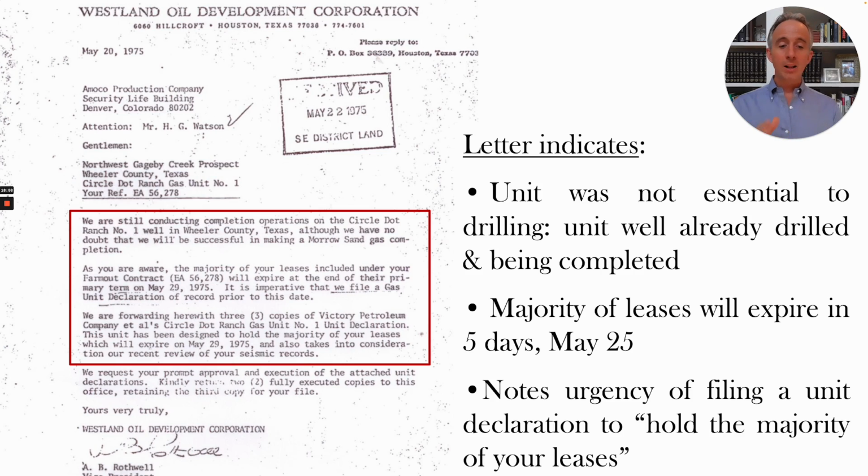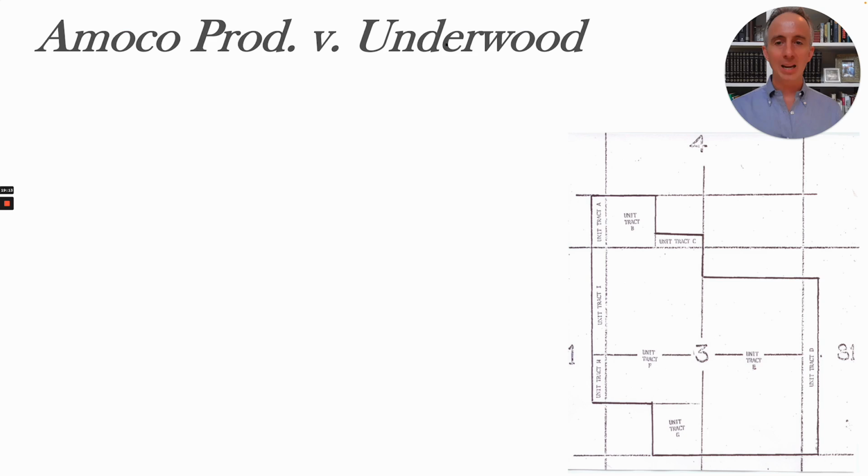And three, the purpose that it explains for the necessity of pooling a unit together is to hold the majority of your leases. So this seems to be a case where there's a lot of example of potential bad faith, and we'll see more of it here when we look at the map. So let's look at this map for a second.